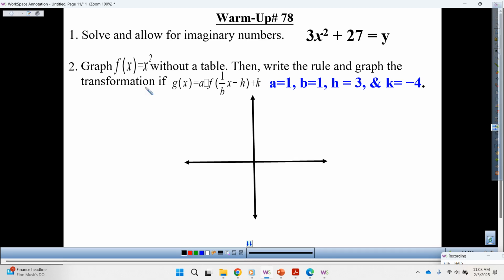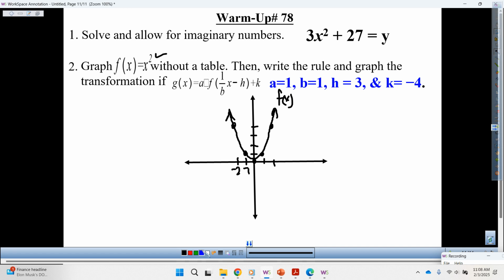So to graph f of x equals x squared, I start at negative 2, and that gives me 4. 1, 2, 3, 4. Negative 1 gives me 1, 0, and 1, 2. By now, you guys are doing this automatically in your noodle and on your paper. So this is f of x.